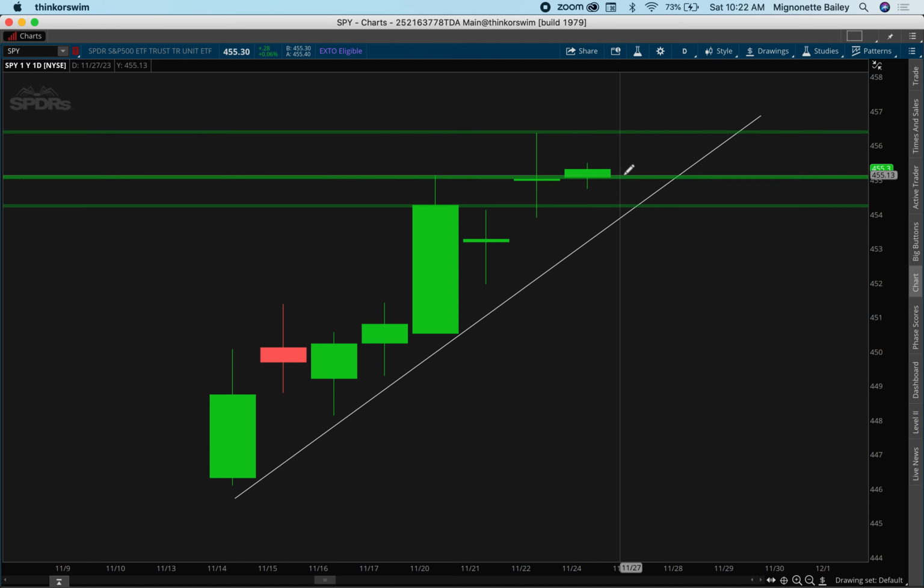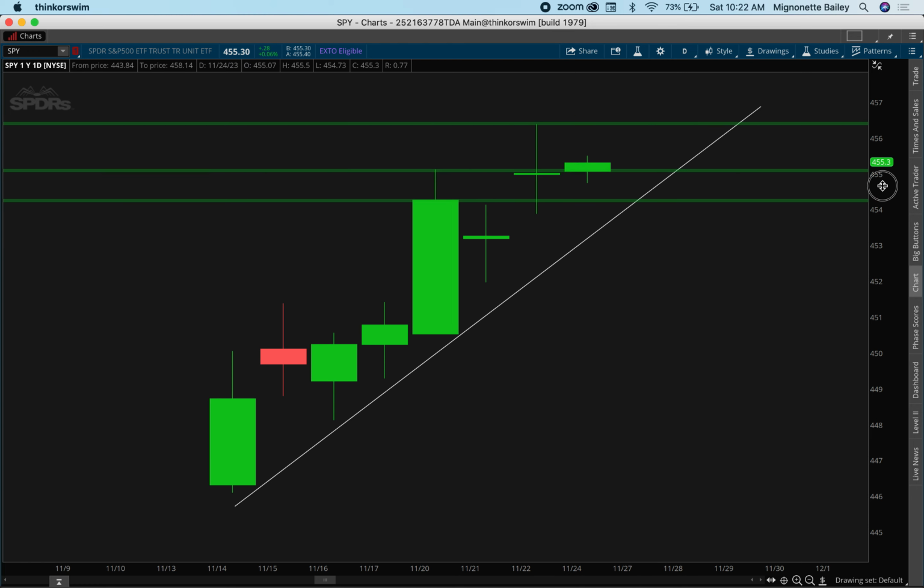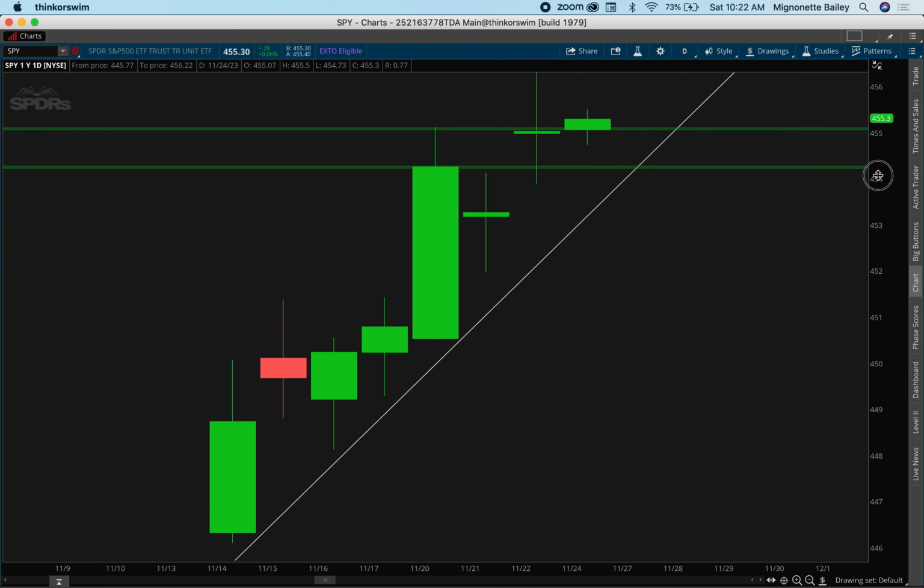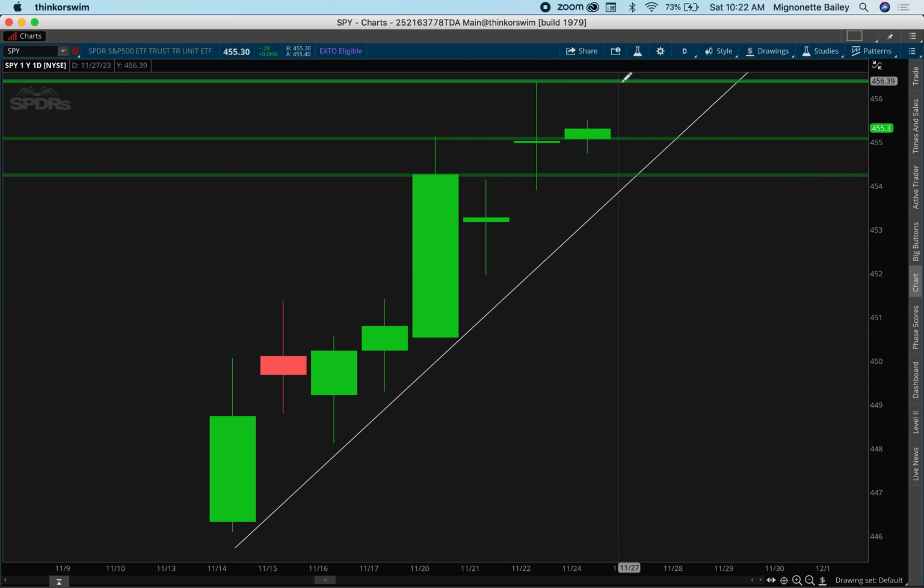Now, if we open above this level on Monday, then my thinking is that we are probably going to try to head right back up here to this next resistance area. Now, on the way up, though, the top of this candle could give a little bit of resistance.